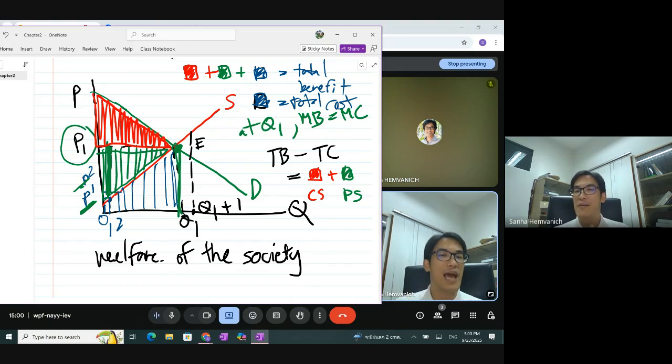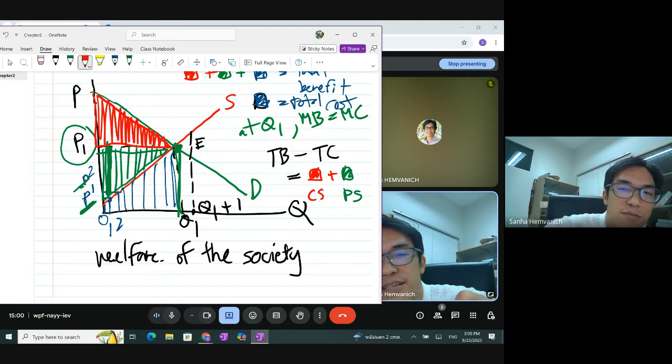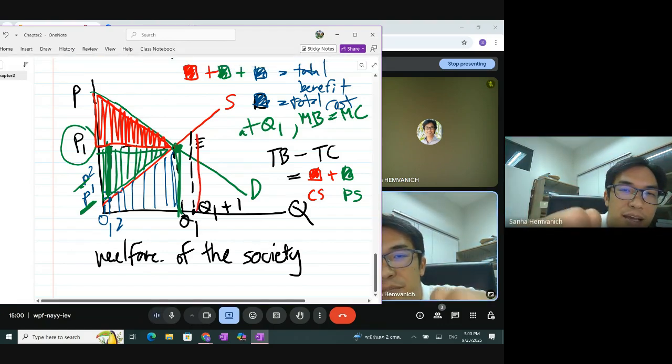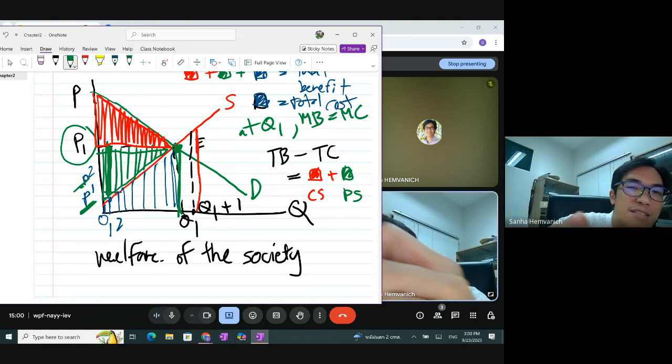So you can see that by producing one additional unit of good, the marginal cost of this good is actually higher than the marginal benefit. The marginal cost is from here up to the supply curve, like the red line, and the marginal benefit is the green.